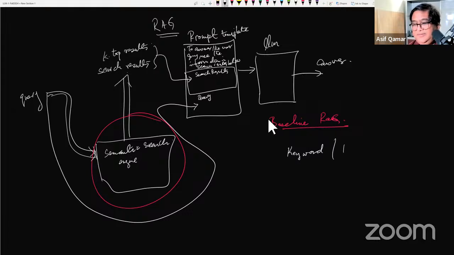Keyword slash TF-IDF. TF-IDF stands for term frequency, inverse document frequency. Basically, what it means is when you search which documents match a particular term, two factors should be considered: first, how prominently this term occurs in that document, but more importantly, how important this term is compared to the other terms in the search query.